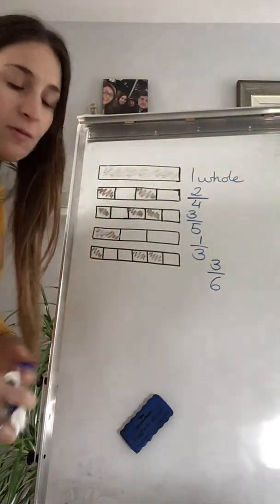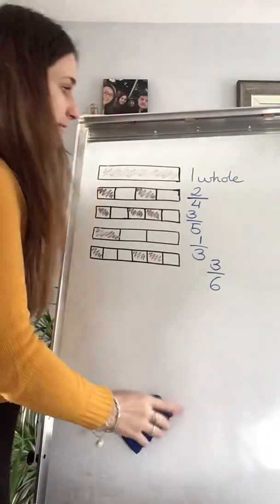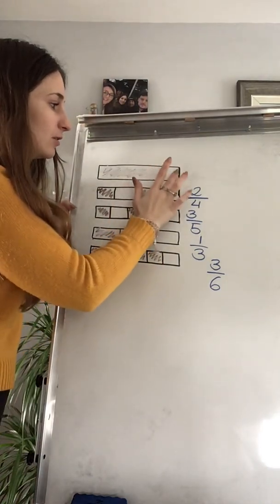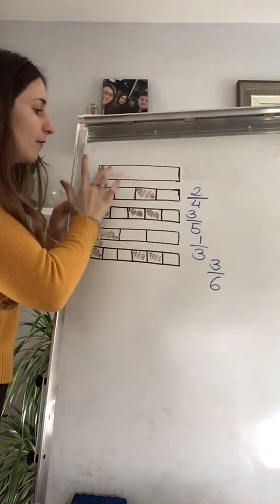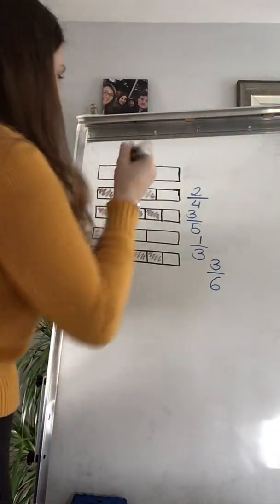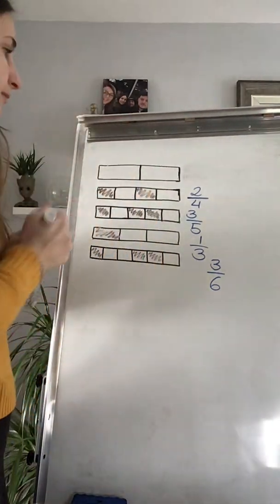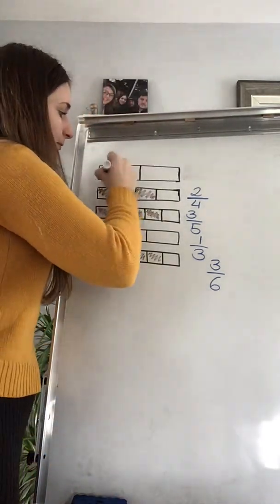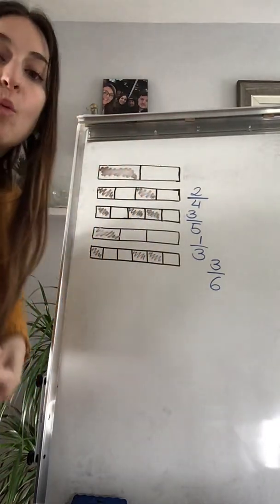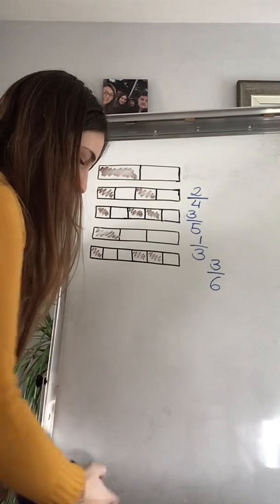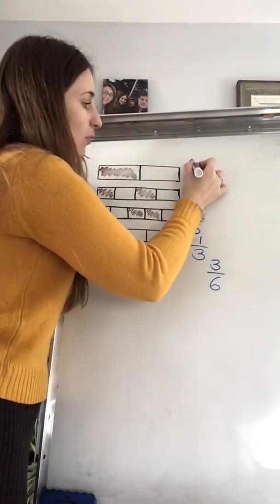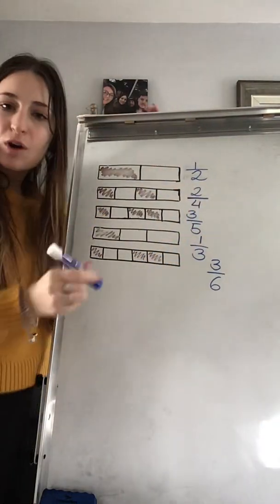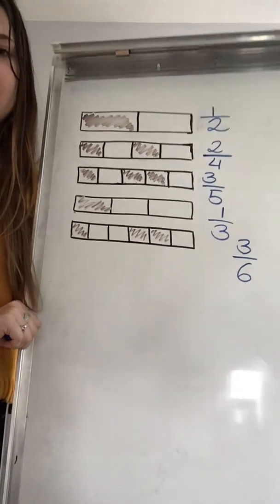Okay, are you ready? I'm going to change my whole to this: one half. So this time I take 1 out of 2 equal parts, 1/2. I'm going to get it closer so you can see it.